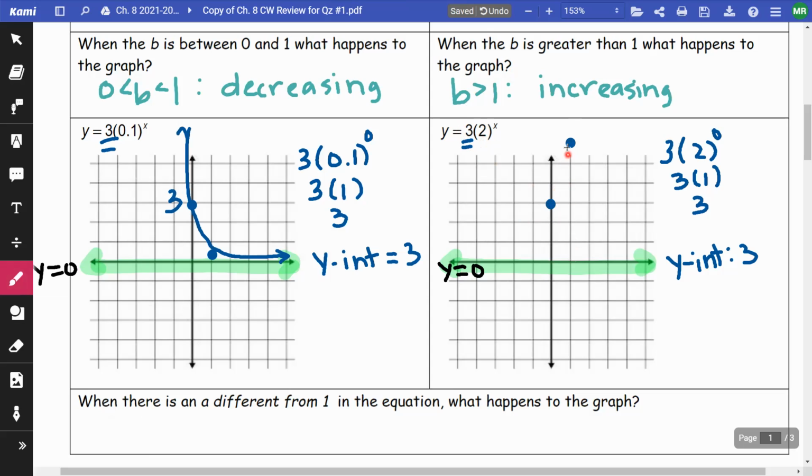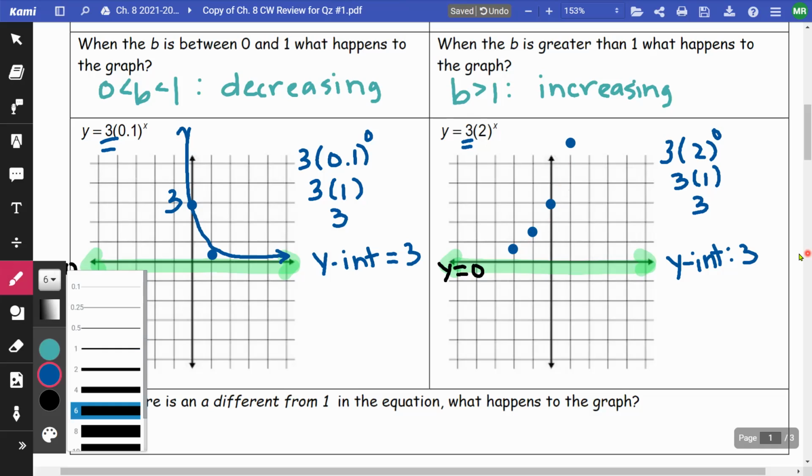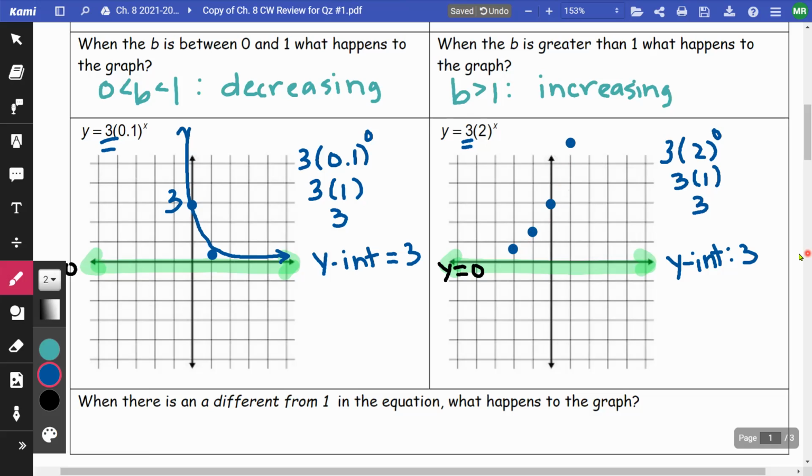Now going backwards, this was 6, this is 3, so I'm taking half. Half of 3 is going to be 1.5, and then I'm going to take half of that, which is going to be 0.75. Just approximating. And I am going to draw my graph. This is going to be an increasing graph. There you go.